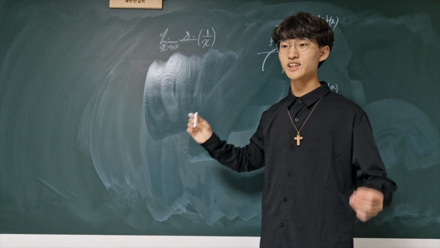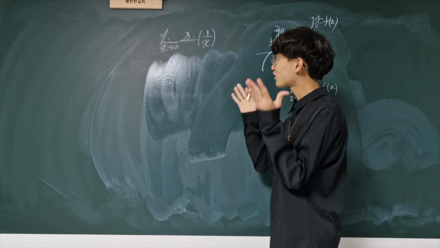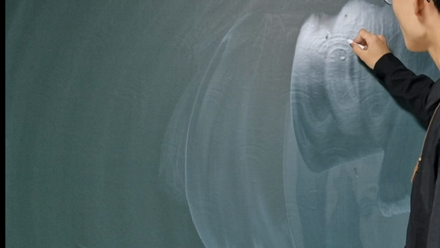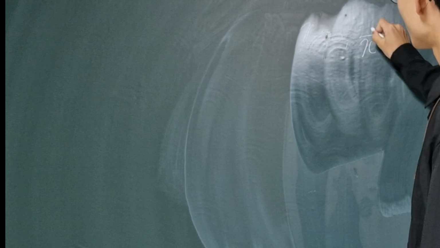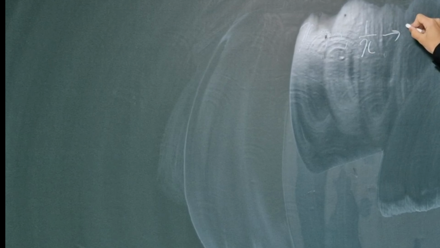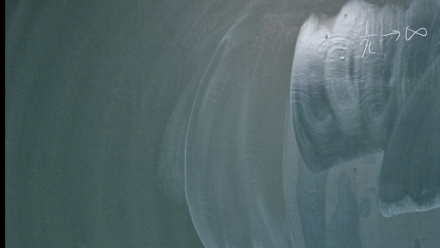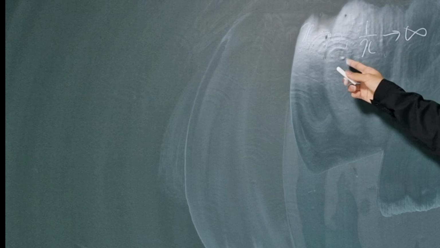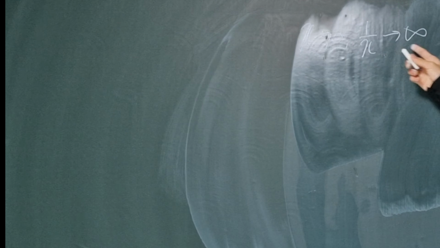I can say as x approaches really close and closer and closer to 0, I'll just write it. As x approaches 0, 1 over x is approaching infinity, right?